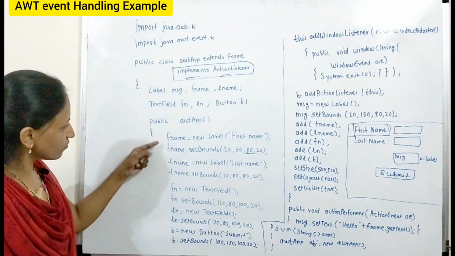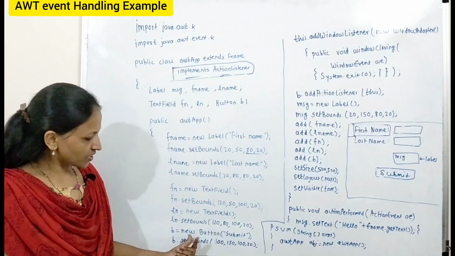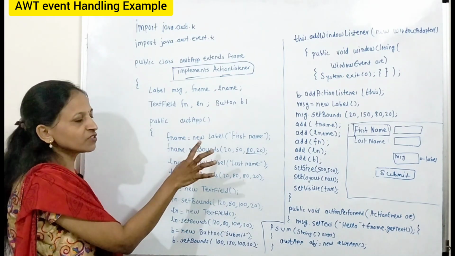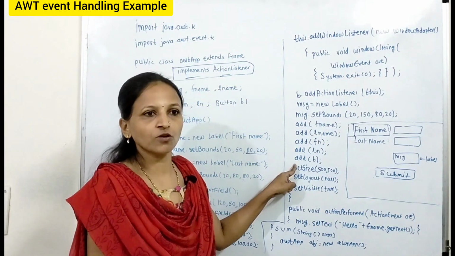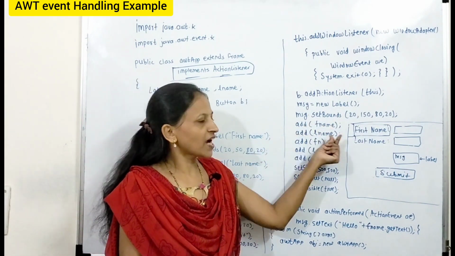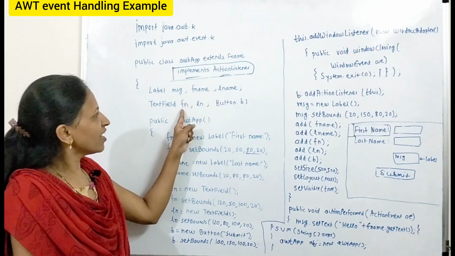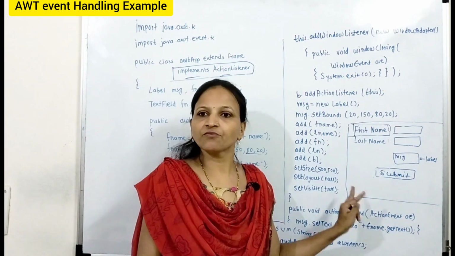Now see, here we have written code for creating labels, text fields, and a button, and we have set the bounds of all the objects. According to that, we have added all those objects onto the frame, and for that we write add fname, add lname, whatever objects were created: fname, lname, fn, ln, b; all we have put on this frame.